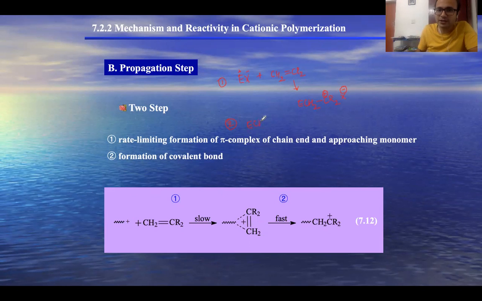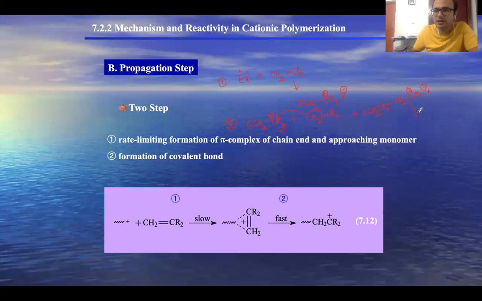You have the CH2, you have the CR positive with the corresponding counterion, which maintains the electrical neutrality, and then you have the other vinyl monomer here, which is again reacting here, and we have the formation of the CH2 CR2 positive with the corresponding counterion here.